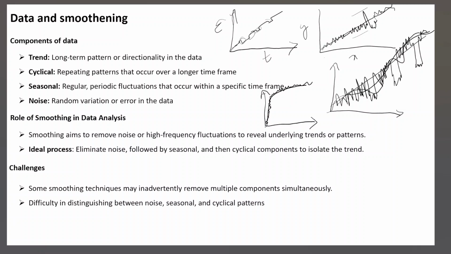And then noise. Noise is a random variation. For example, if I am doing a field test and someone bangs the door next door, then the data might have a small fluctuation.